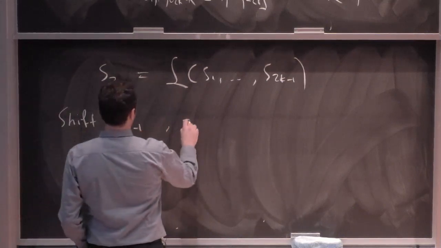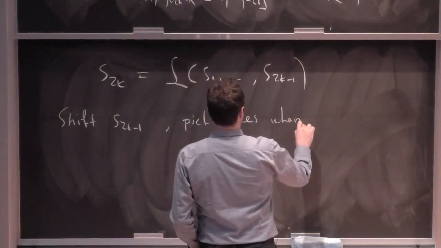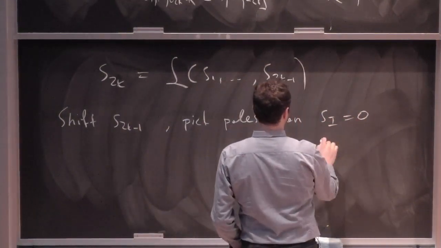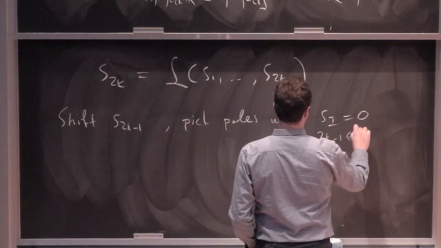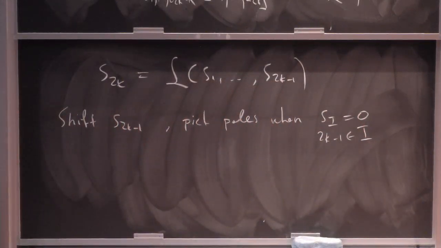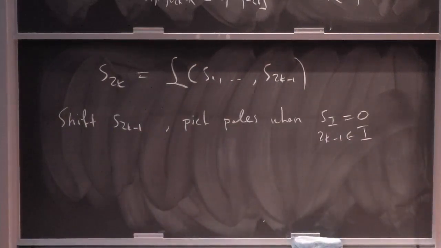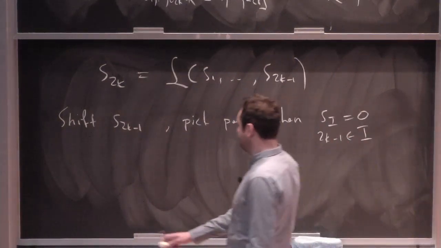And then pick poles when s_i is 0 with 2k minus 1 being in I. And then you have a corresponding order of the pole, which you have to keep track of. And you keep doing this.